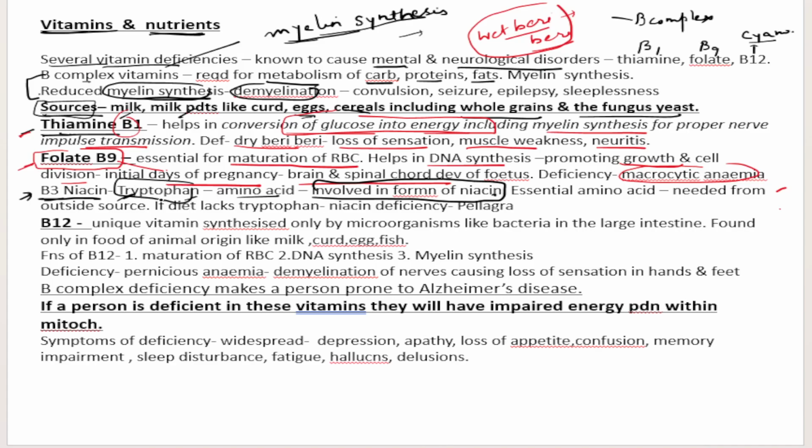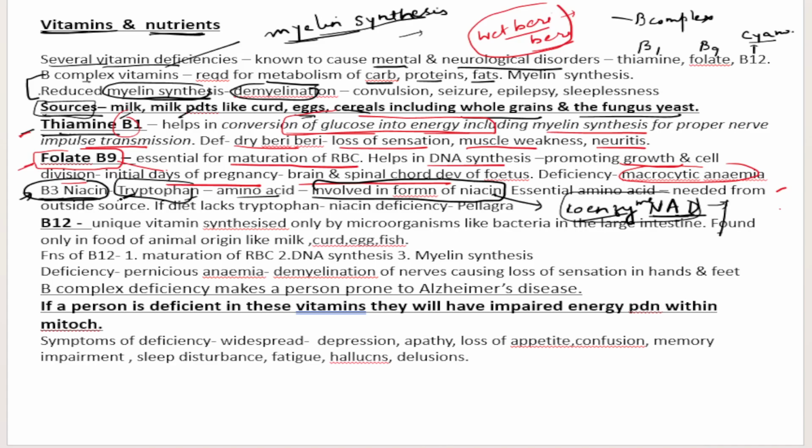And vitamin B3 is also involved in the formation of a coenzyme known as NAD, nicotinamide adenine dinucleotide. So vitamin B3 or niacin is involved in the production of this coenzyme, and this NAD coenzyme is very crucial for mitochondrial health.